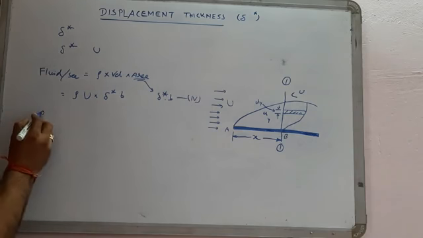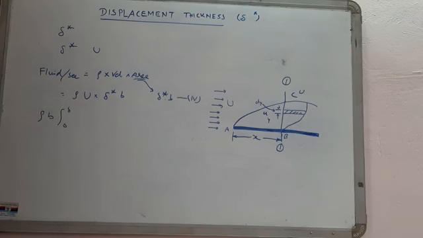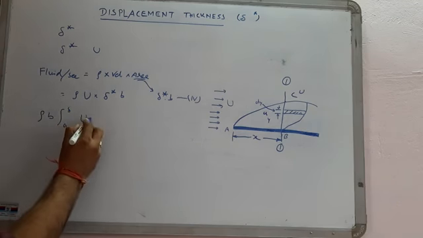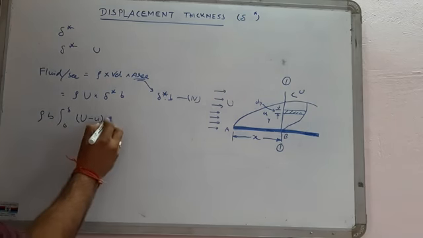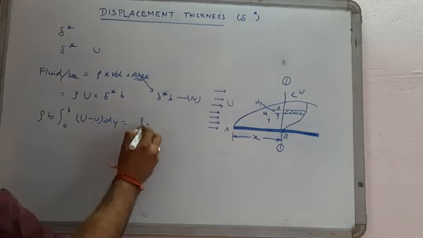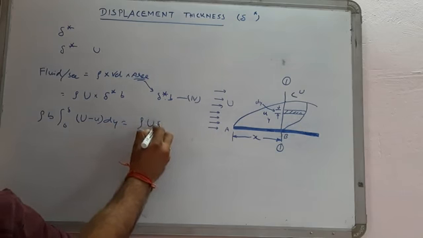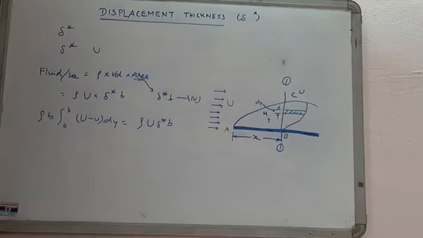We will get rho b integration 0 to del, (U minus u) dy, equal to rho U del dash b.